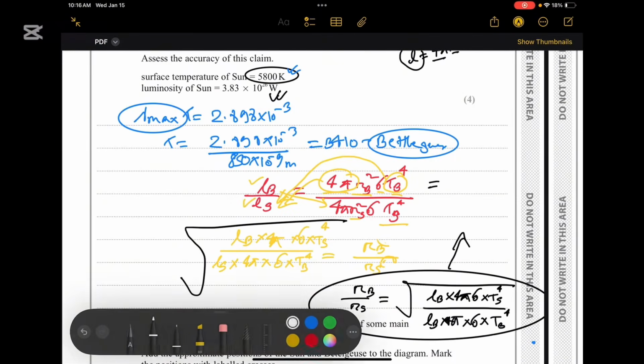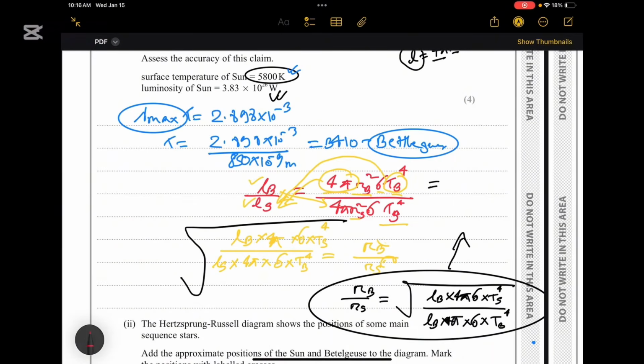Now we can remove all the constants. This 4 pi sigma is a constant, and this 4 pi sigma is a constant. So the formula will be radius of B divided by radius of sun is equal to root over luminosity of B divided by luminosity of S into temperature of S to the power of 4 divided by temperature of B to the power of 4.